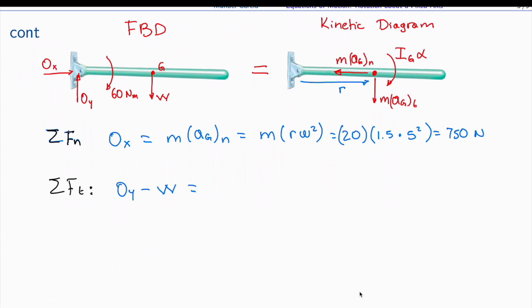So in the right hand side, we have the mass multiplied by the acceleration in the tangential direction. And so this is the mass multiplied by the tangential acceleration, which is alpha multiplied by rg in magnitude.